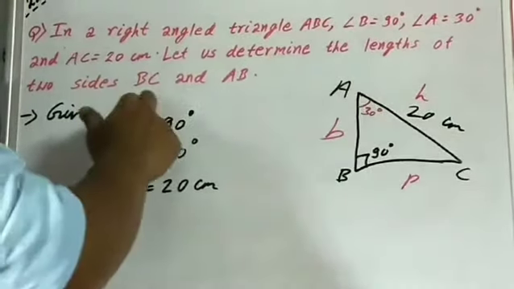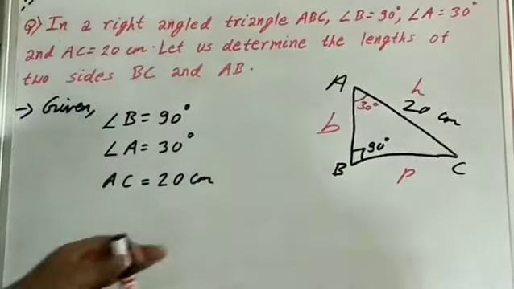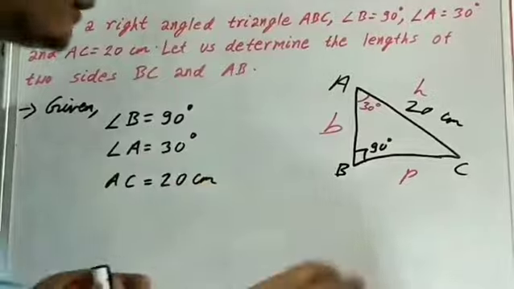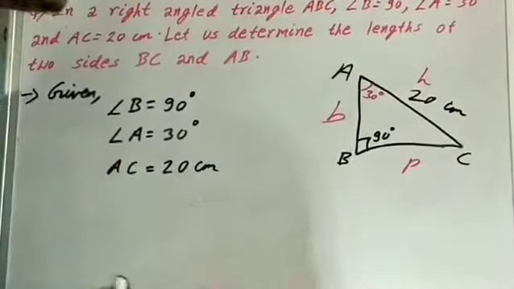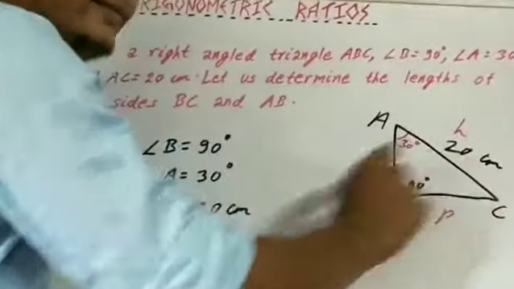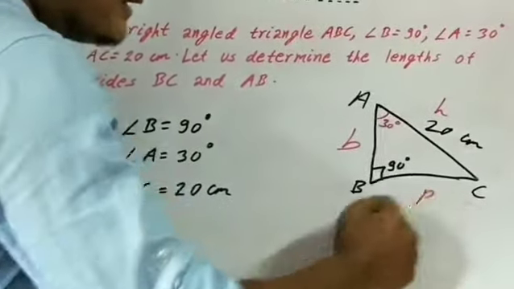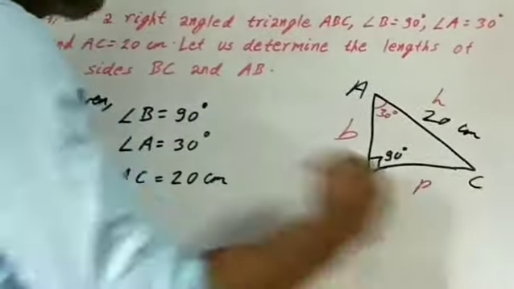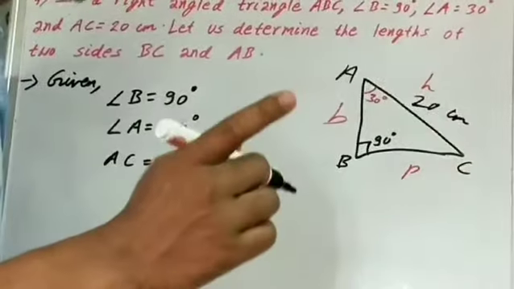For determining BC in right angle triangle ABC, we should take the trigonometric ratio having AC and BC, because the length of side AC is known, that is 20 centimeter. So which trigonometric ratio has side AC and BC? That means hypotenuse and perpendicular, sine and cosec.